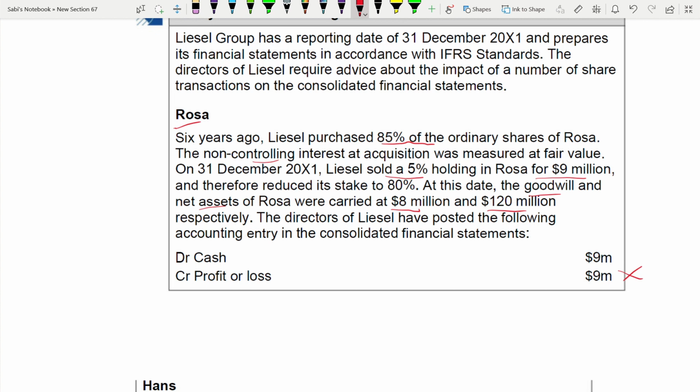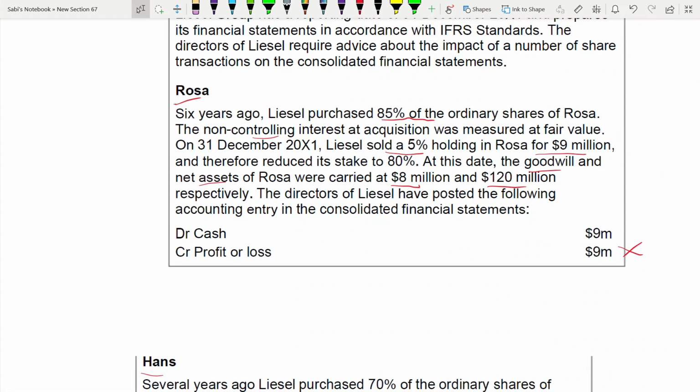Now let's do that. So first you start with the cash. Okay, cash is debit 9 because you have sold it for 9. So cash is debit, this is correct. Okay, now with this you have to calculate the increase in NCI. What's the percentage? 5%.